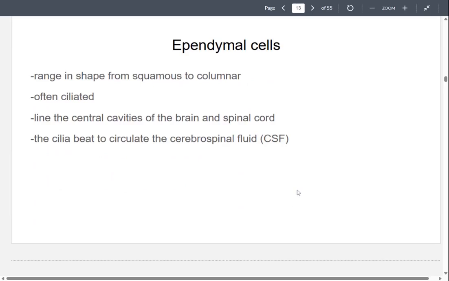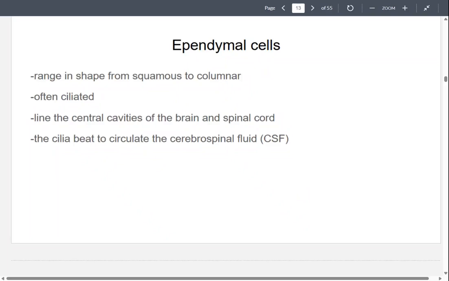Ependymal cells. Ependymal cells are going to be, think of them as a barrier cell. They're going to range in shape and size from being more flat pancake-like to more like columns. They're typically going to be ciliated, and they're going to line the cavities in and around the brain and spinal cord.